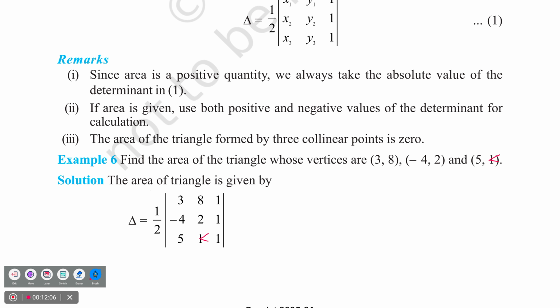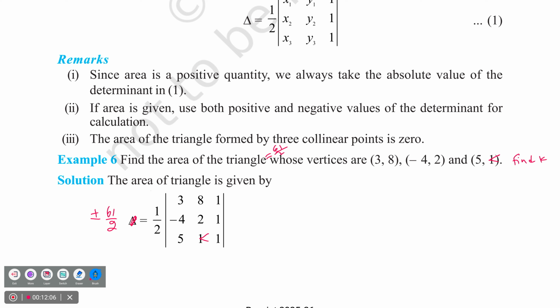The third point K, they are asking to find, and the area of triangle is given as 61 by 2. They asked to find K. The 61 by 2, you should take plus or minus 61 by 2 when you apply it in the determinant. Why, sir, plus or minus? Area must be positive only, no? Then why are you taking plus or minus?